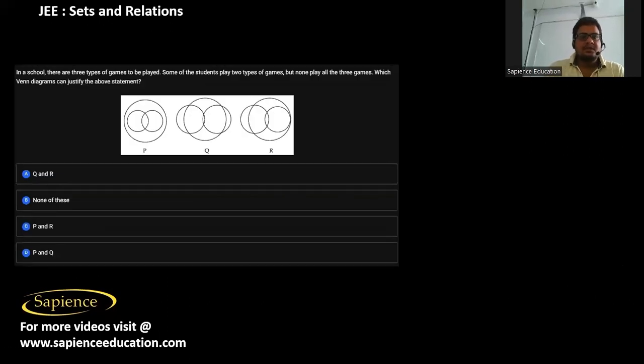And here it is told that in a school there are 3 types of games to be played. Some of the students play 2 types of games, but none play all the 3 games. Which Venn diagrams can justify the above statement?